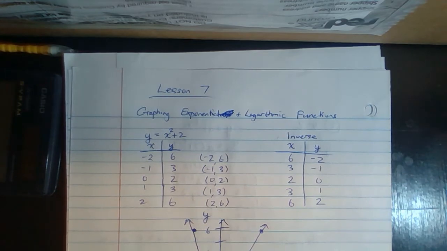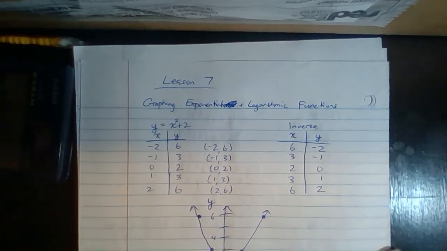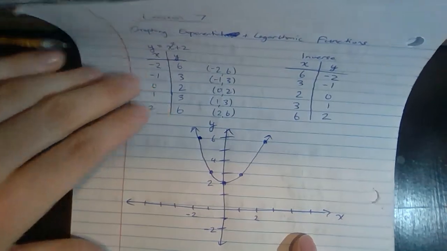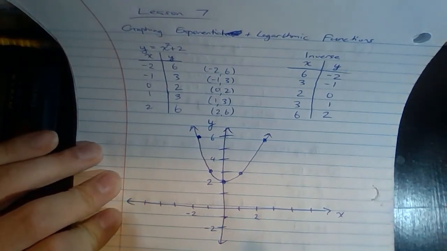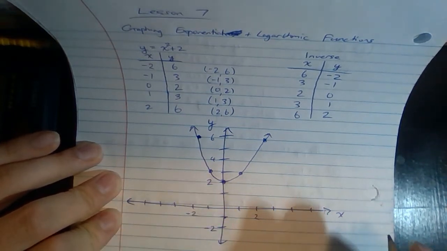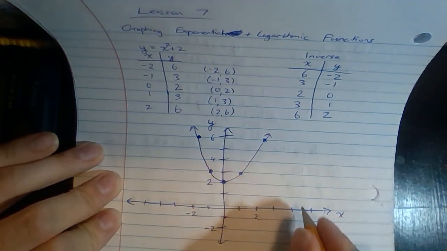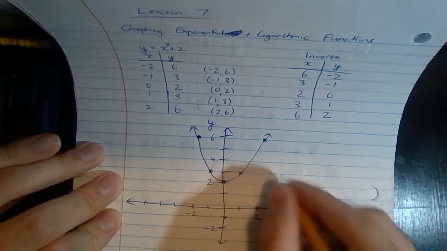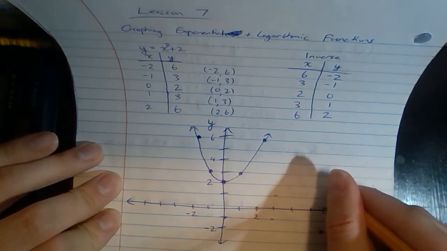And our inverse function I'll do in pencil. Yes, I should check. Can you see this? Barely. Let's move it down. So if we do this in pencil, 6, negative 2, another point out here, 6, negative 2, be down here, 3, negative 1, 2, 0, 1, 3, 3, 1, 6, 2.